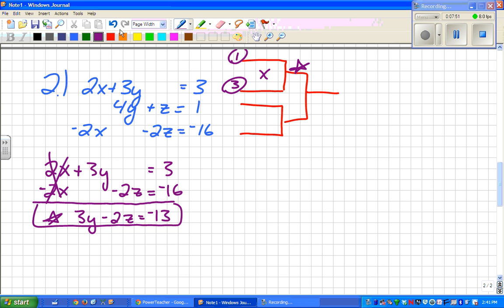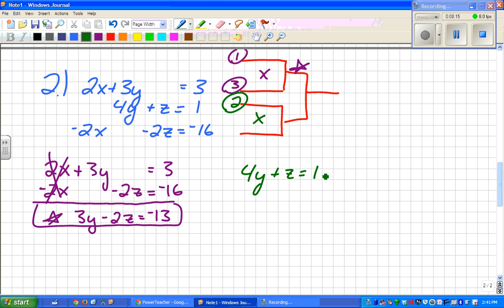Okay, for the second part, I have not used equation 2 yet, so I have to use that now, and I have to cancel out the x's. If you look at equation 2, there is no x. So we're kind of stuck at this point. So I have equation 2 that I have to use: 4y plus z equals 1.